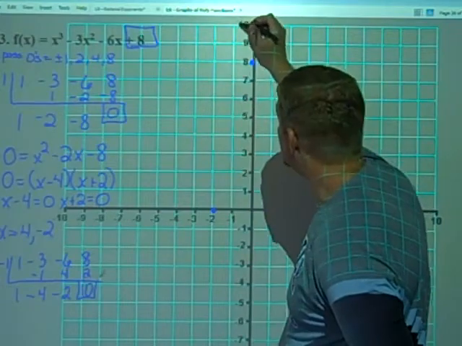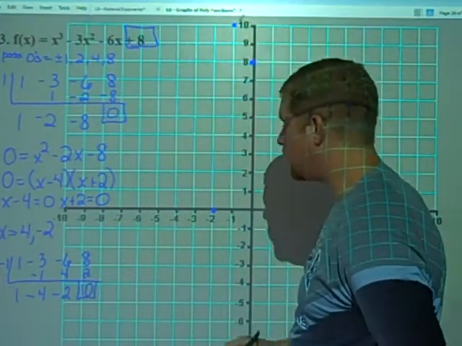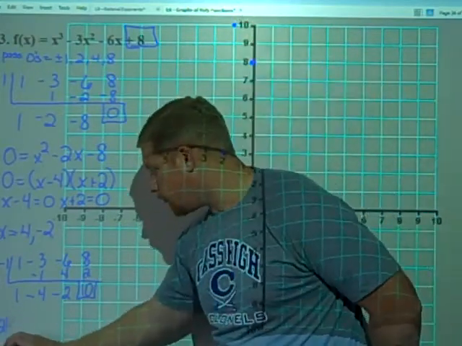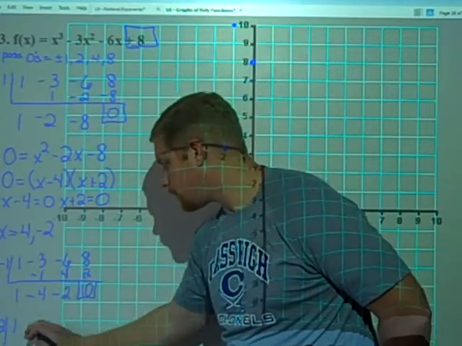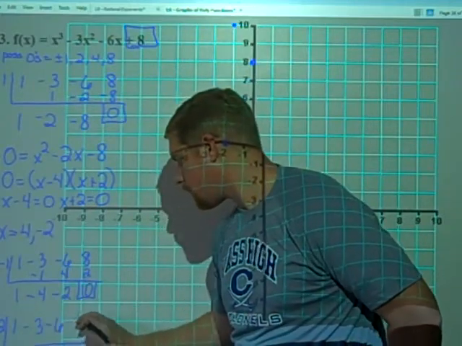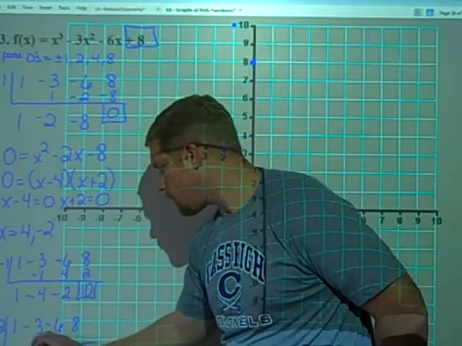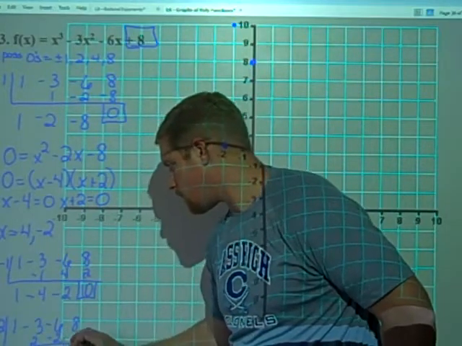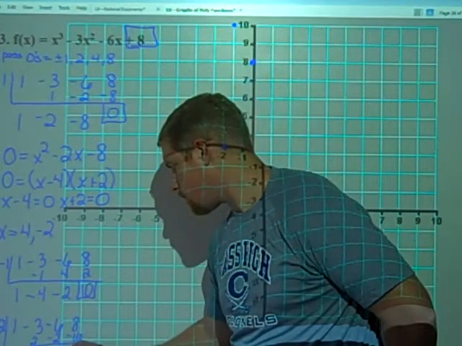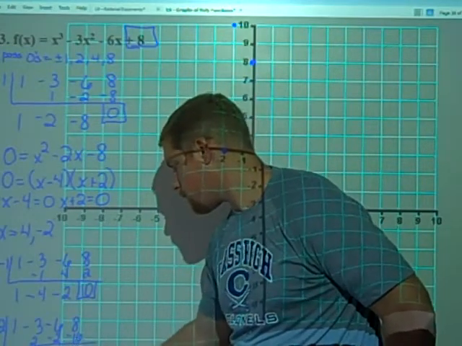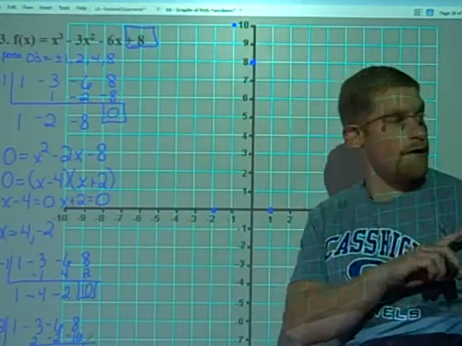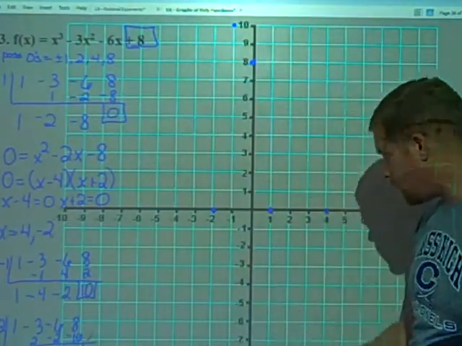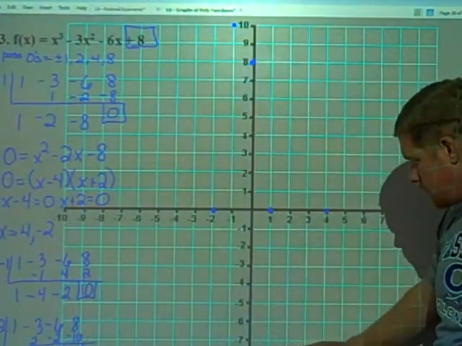We end up with 10 when x is negative 1. Let's try 2. All right, when x is 2, y is going to be negative 8.